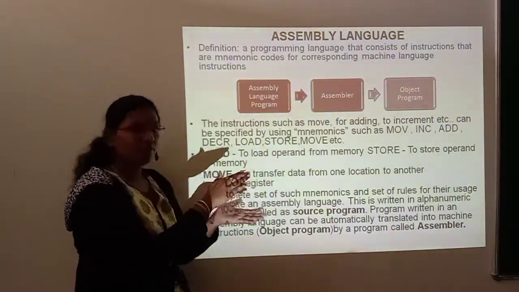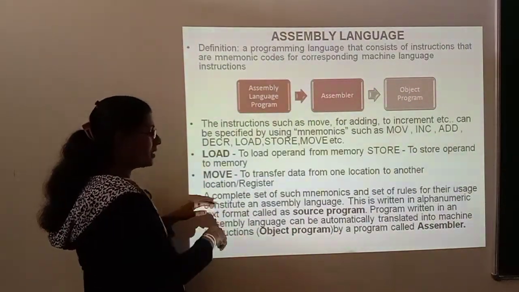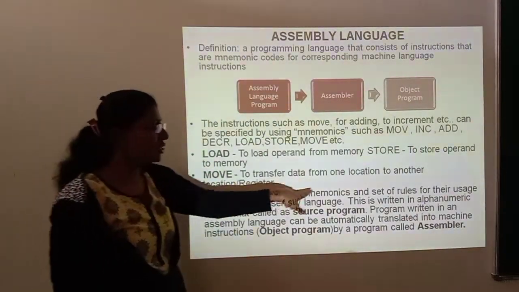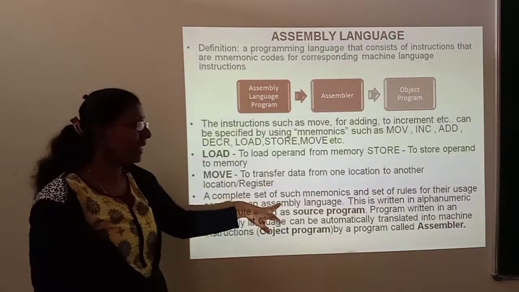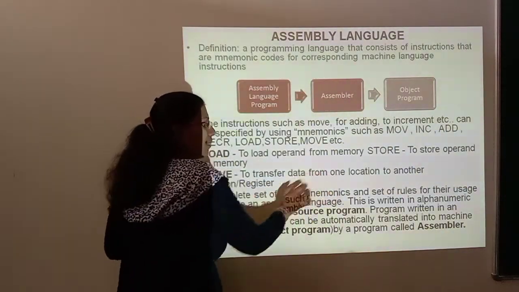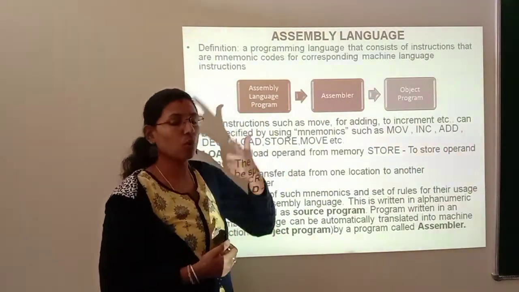Move transfers data from one location to another location. These are some examples. The complete set of such mnemonics and the set of rules for their usage constitute an assembly language. So assembly language is nothing but a set of mnemonics and a set of rules, written in a programming way.